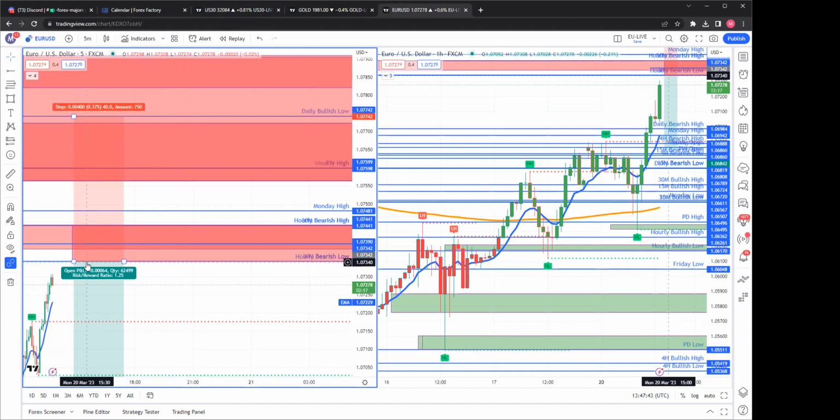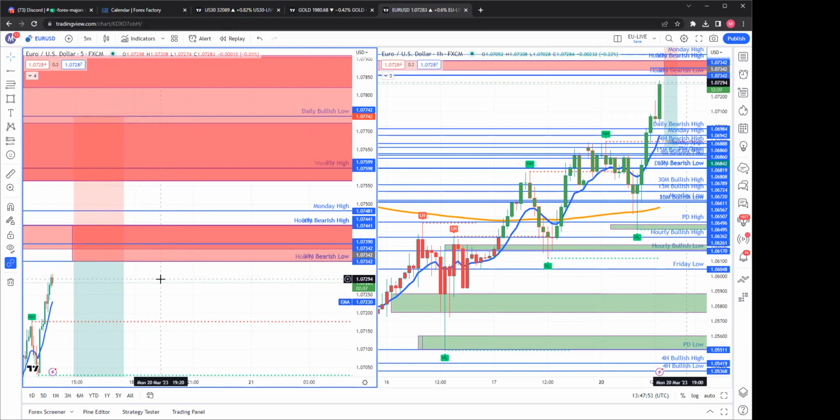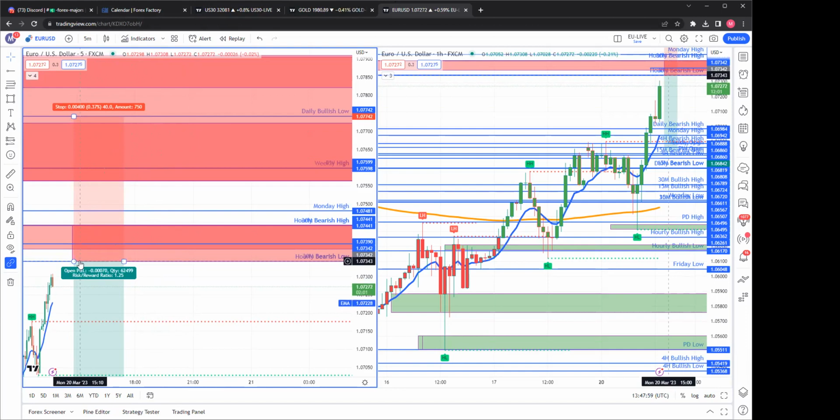So if you're setting a pending sell on EU, this is a small lot size. Personally, I may not use a small lot size, but I know what I'm telling you guys, especially if you haven't yet realized where to recover a trade from. So this would be 1.07342 area. That's where your entry would be. 50 pips take profit, 40 pips stop loss. This is a filler lot size.